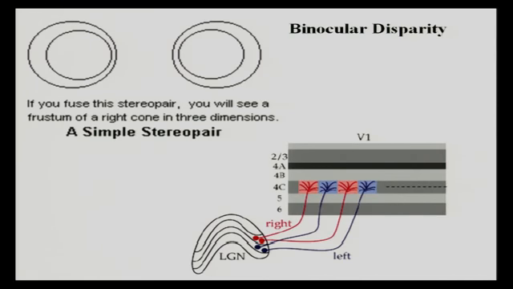So now we have orientation, spatial frequency, binocular disparity. We have some neurons that are colorblind. And I'm just going to tell you that we have some neurons which allow us to segment color.